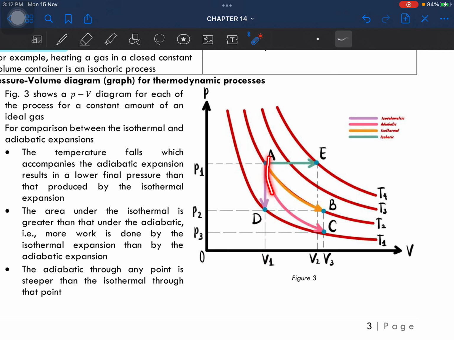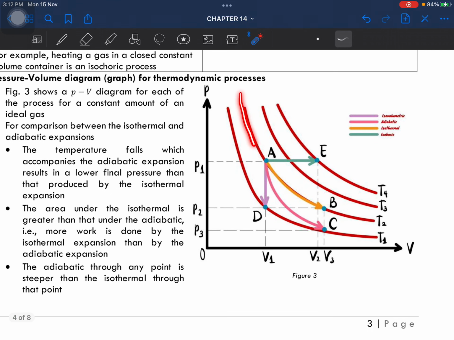From A to C, this pink line here, is an adiabatic process; there is no heat transfer. From A to B is an isothermal process, at one constant temperature. And from A to E here is an isobaric process, a process that occurs at one constant pressure.